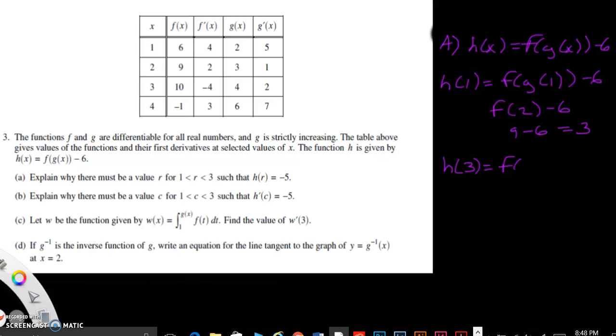h of 3 would be f of g of 3 minus 6. So g of 3 is 4. So now we have f of 4 minus 6. Now what's f of 4? -1 minus 6, so that's -7. So now we have the numbers between 3 and -7.